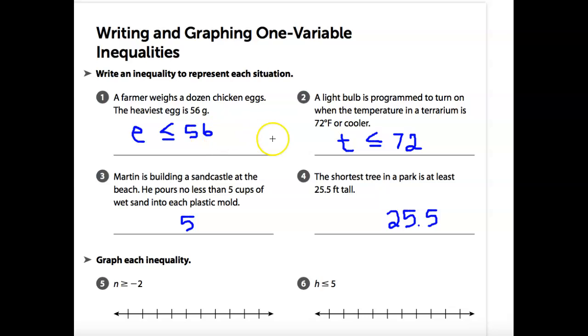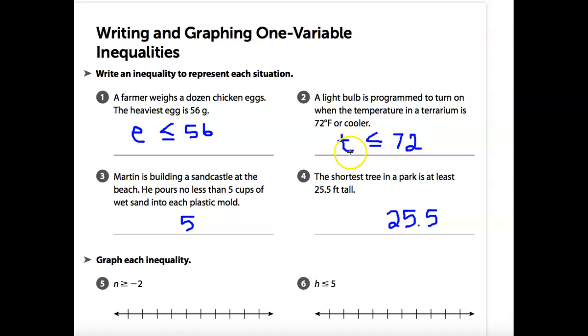Okay? All right, let's look at this one. A light bulb is programmed to turn on when the temperature in a terrarium is 72 degrees or cooler. All right, so we know that it can be up to 72 degrees or colder or less than 72. It can't be higher.